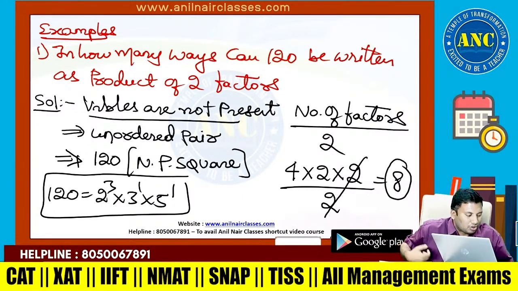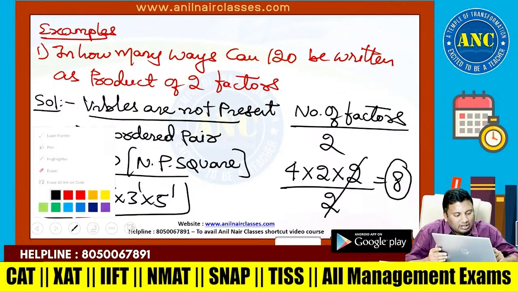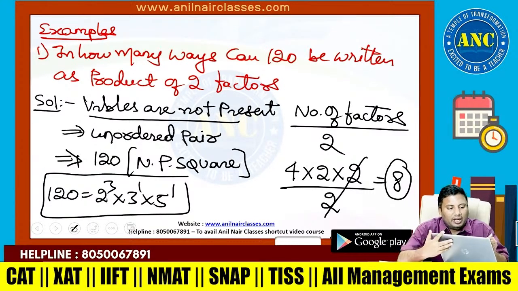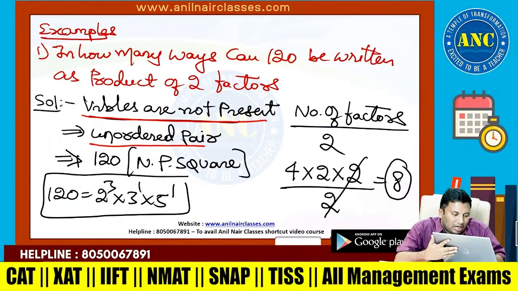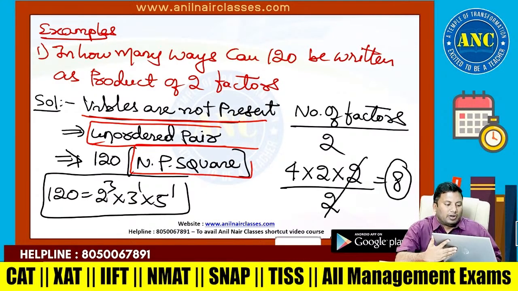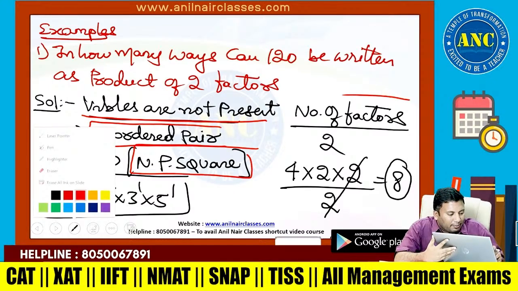Answer for the first question is 8. If the variables are not present in the question, then it is an unordered pair. In an unordered pair and the number is a non-perfect square, answer is number of factors divided by 2.